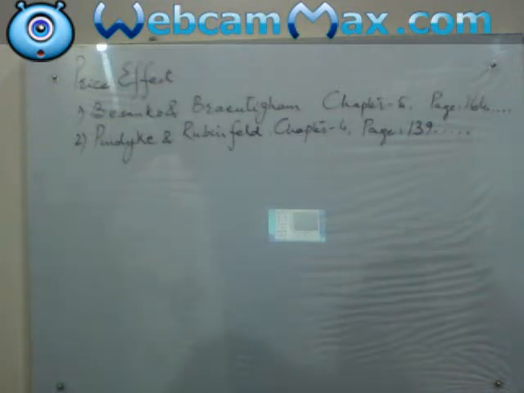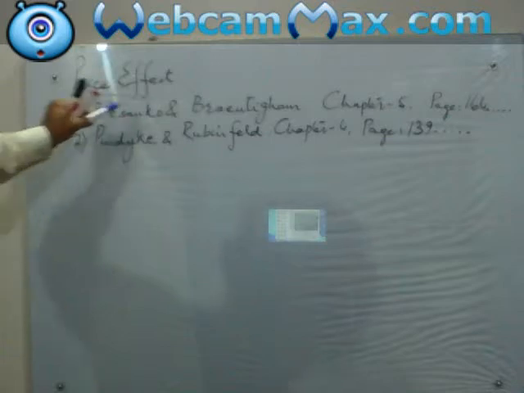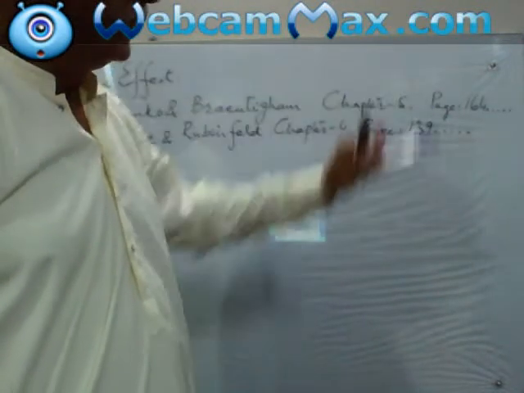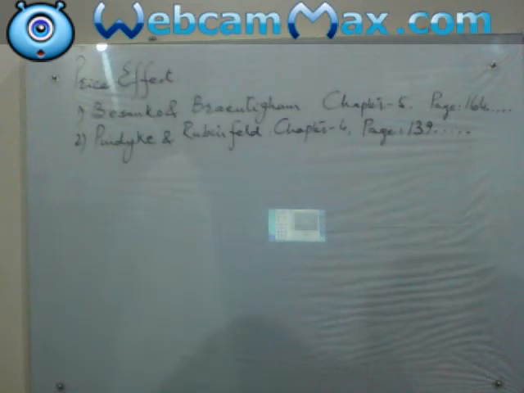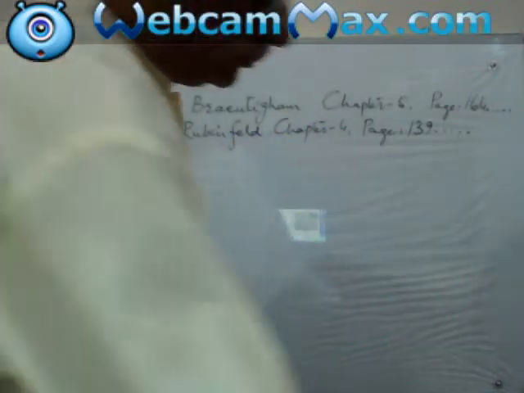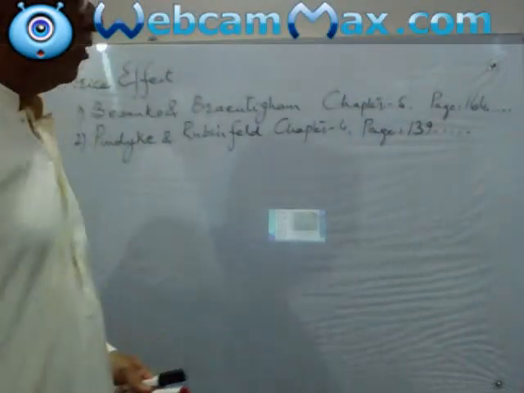I already wrote the topic available in the book Visanka and Birotagam. It is chapter 5 and the page number 164 onward, while in Pindyck and Rubinfeld the chapter is 4 and the pages are 139 and onward.